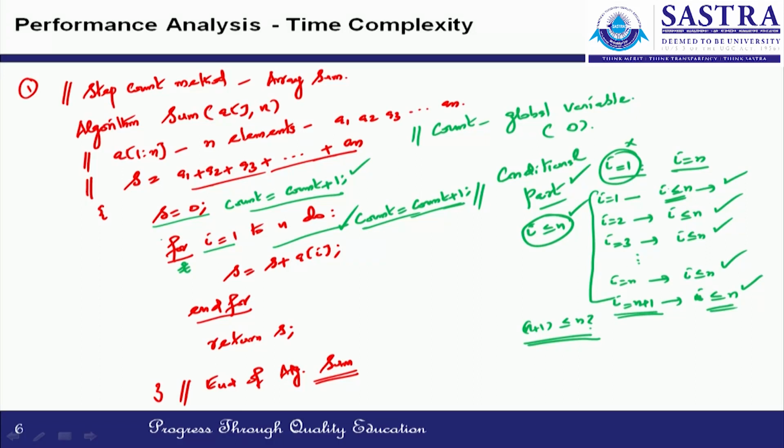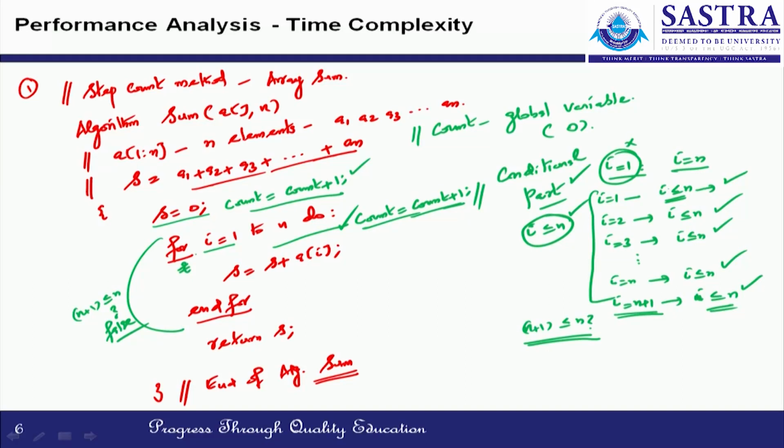Control comes out of the for here, since the condition is false. So, checking if n plus 1 is less than or equal to n is treated as one step per execution actually. So, we need to introduce the count corresponding to this conditional test.